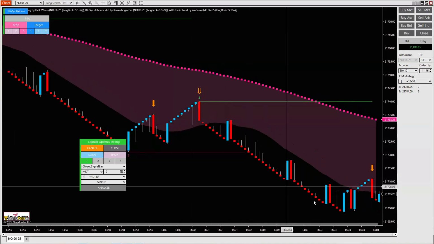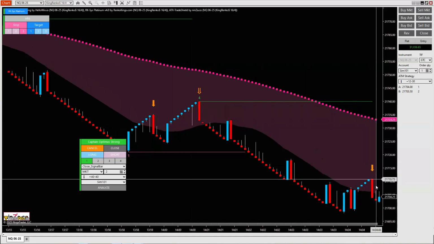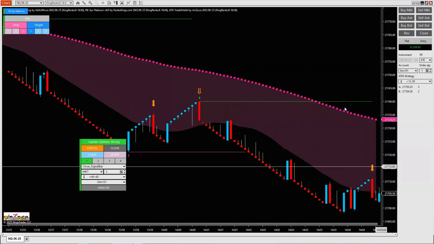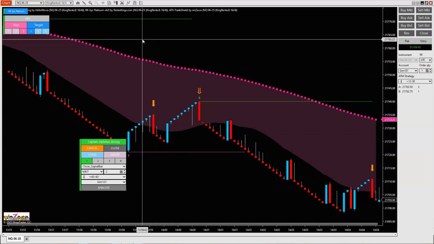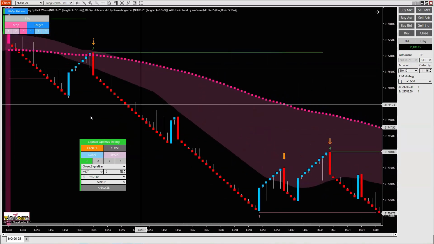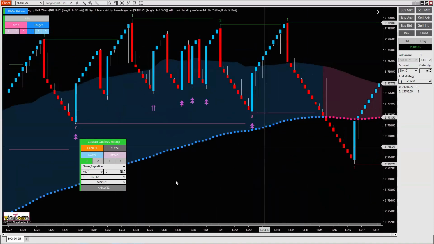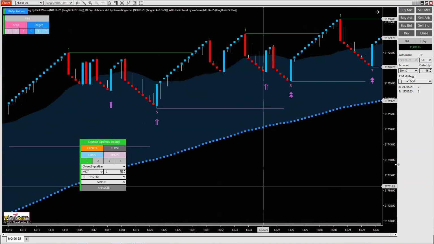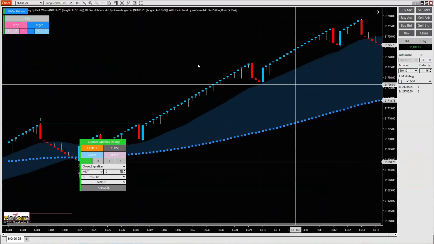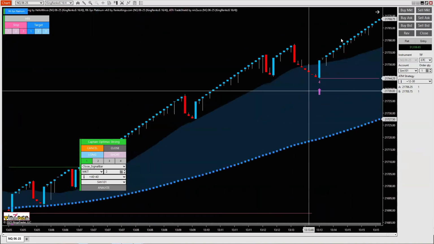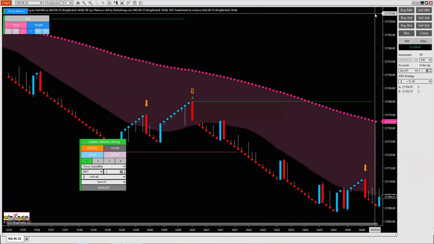You can disable it in settings. Every time it generates a signal, it talks to you, which is just awesome. But in any case, I always prefer the first signal in a given direction. So if we go back, first signal in a given direction, here is for the long side, and we just had one for the short side.